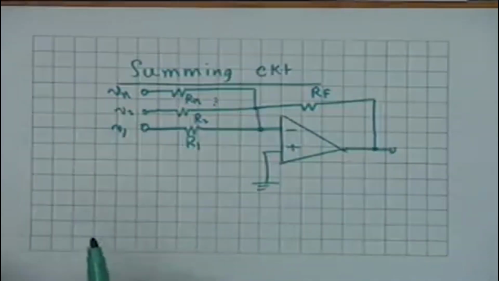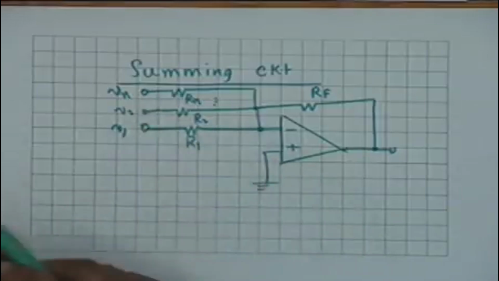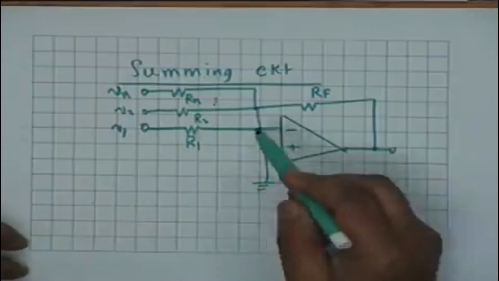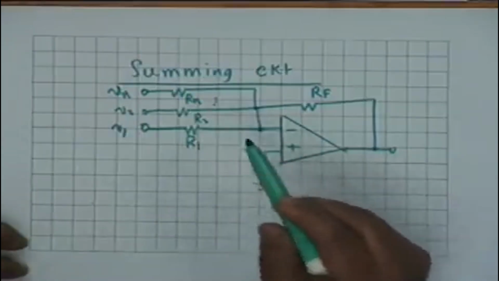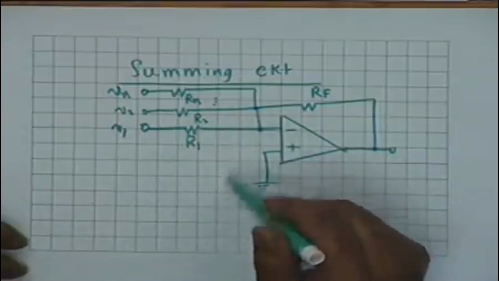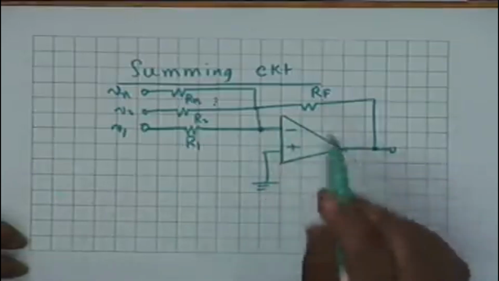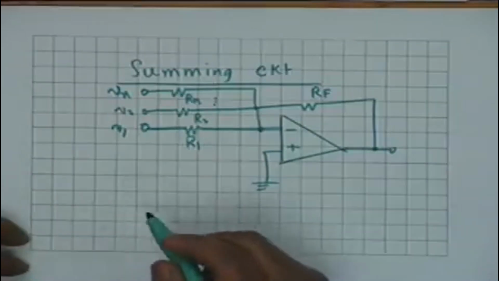Alright. There is a number of voltages V1, V2 up to Vn connected to the inverting terminal through a series of resistors R1, R2, Rn, and between the output and the input there is a resistance Rf, the feedback resistance.